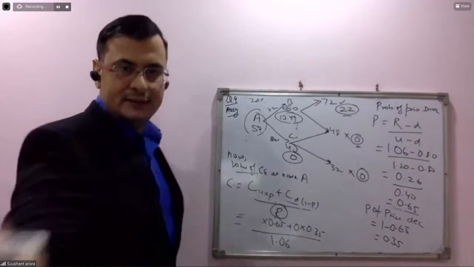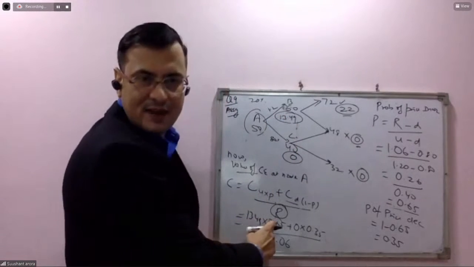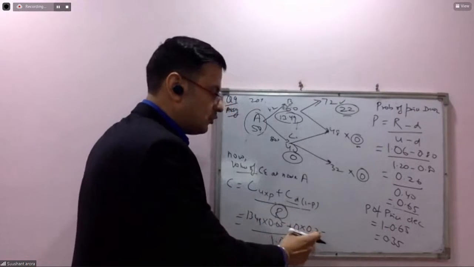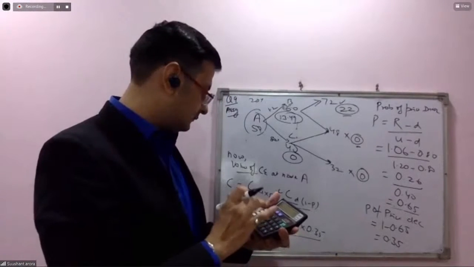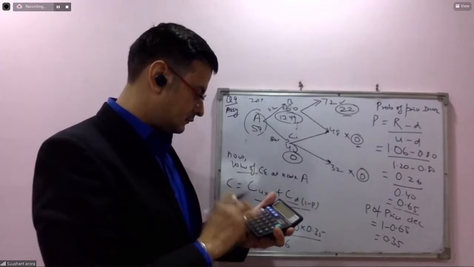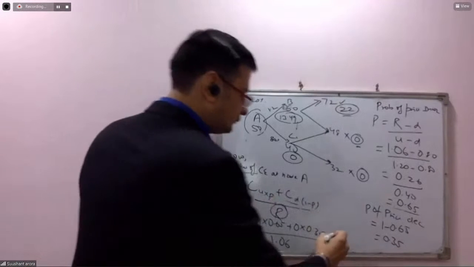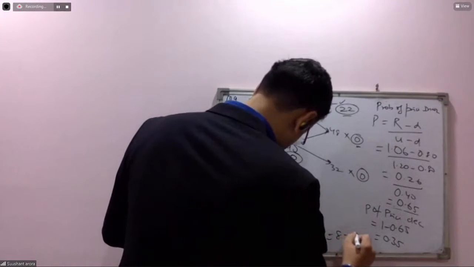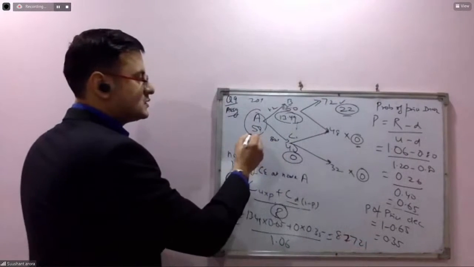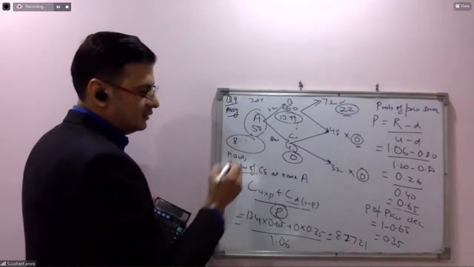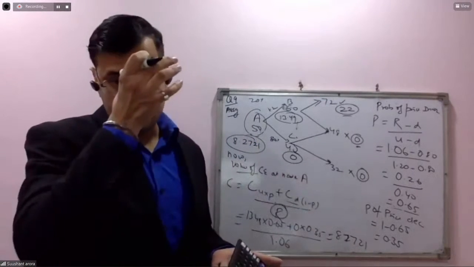So going up, the value is 13.49, having 65% probability, plus 0 for the decrease in the price, divided by 1.06. This value comes out to be 8.2721. Or you can write 2 decimal places also. That's not a problem, just trying to explain to you.